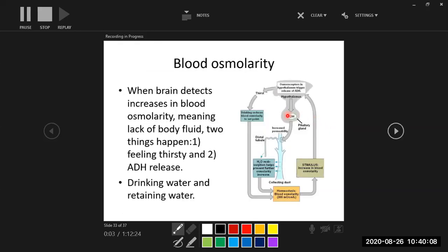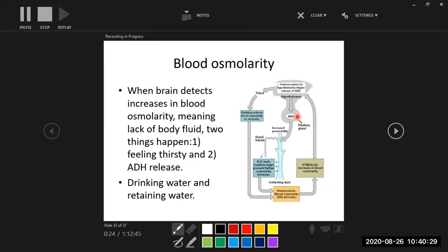So the ADH can be triggered by angiotensin 2, as we talked about earlier. ADH is also an important regulator of our blood osmolarity.